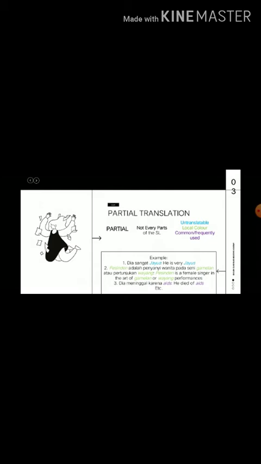So if you search the meaning of shaman in the Cambridge dictionary or Oxford dictionary, you will find it. So just be careful, and give more detailed attention to each word in the source language.